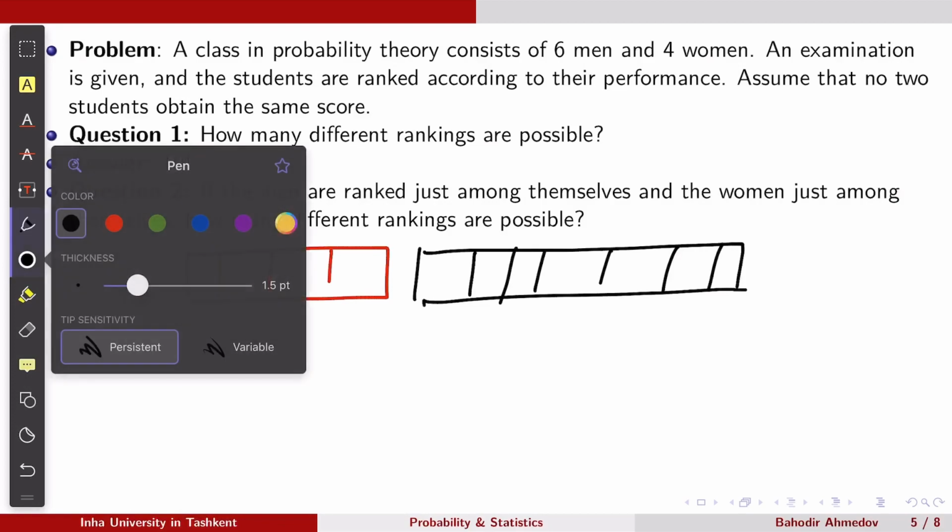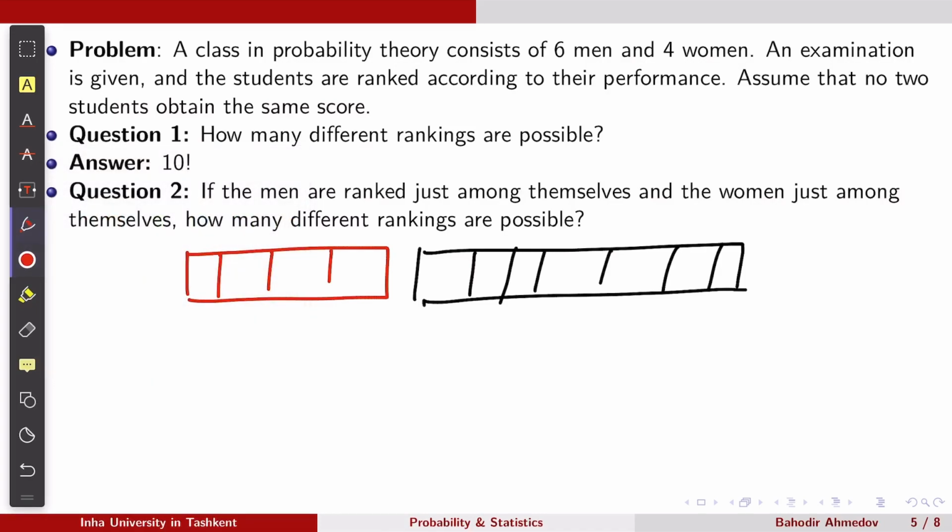So if I would like to rank the females among themselves, how many different rankings are possible? With 4 females, I can choose any of the 4 here, then any of the 3 which are left, then 2 and 1.